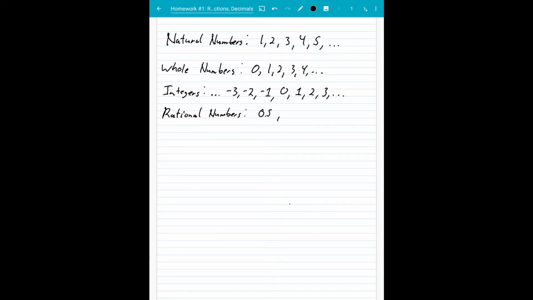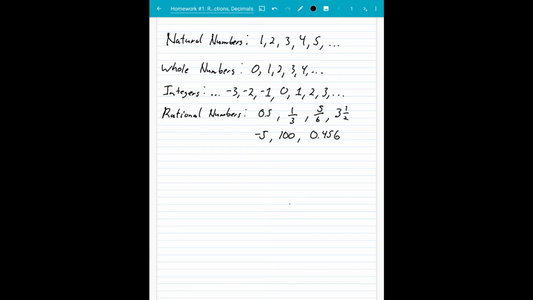I could have something like 1 over 3, or 5 over 6. I can have 3 and 1/2. That's a rational number. More rational numbers are whole numbers too. They include integers and whole numbers, so I could even have -5, or 100, or 0.456. That would also be a rational number.